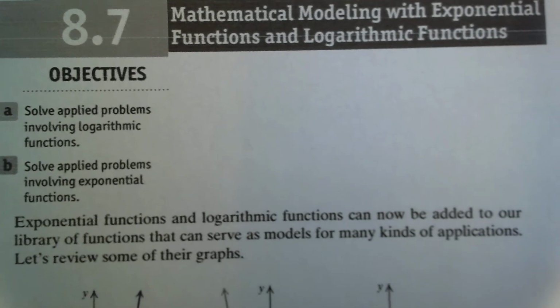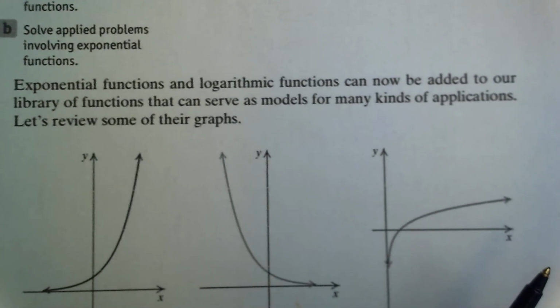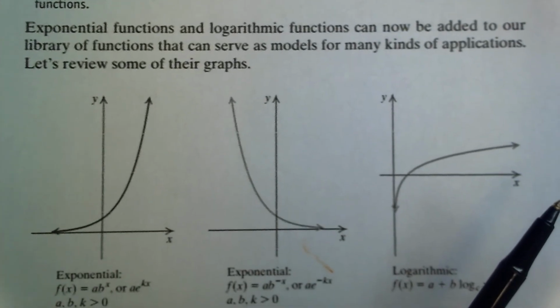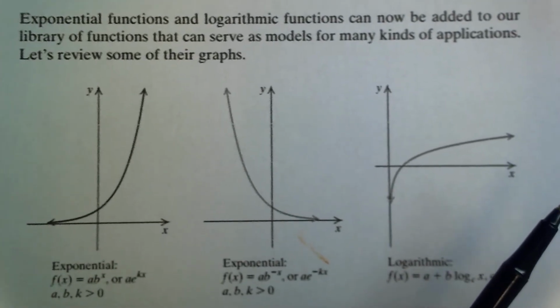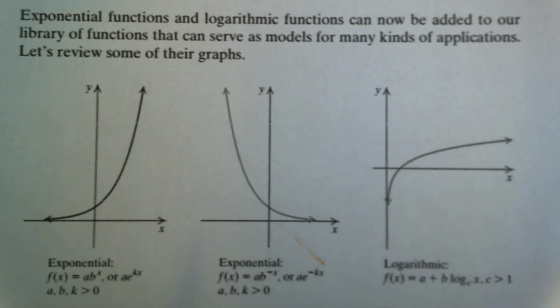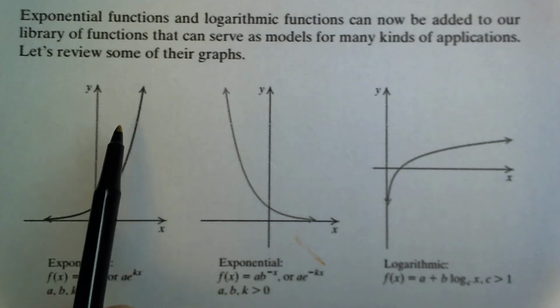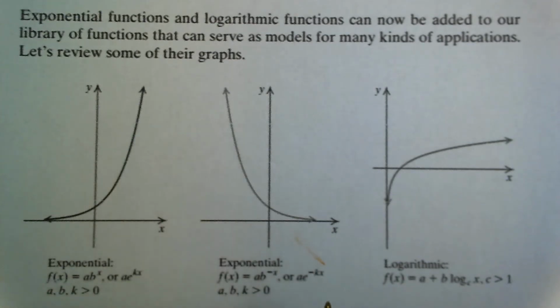And so to begin with, let's review some of the graphs. In the first graph, we have the exponential function f of x equals a to the bx, or a times e to the kx, with a, b, and k greater than 0. So that determines whether we have an increasing function or a decreasing function, depending on whether the exponent is negative.